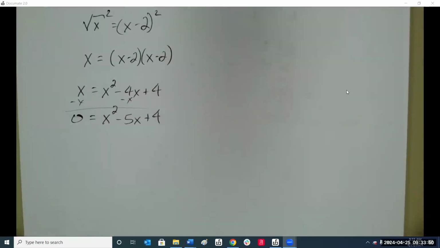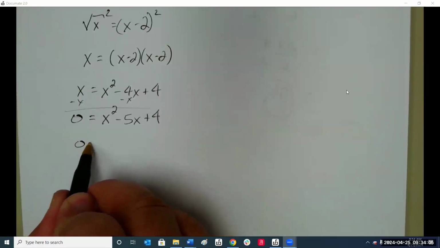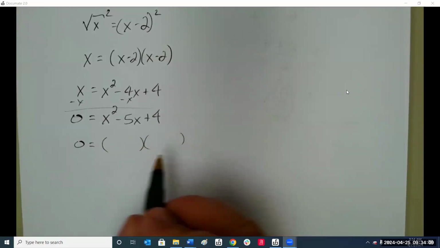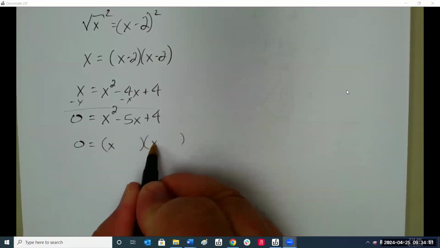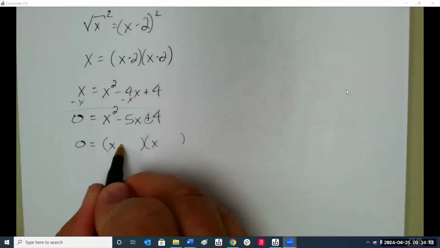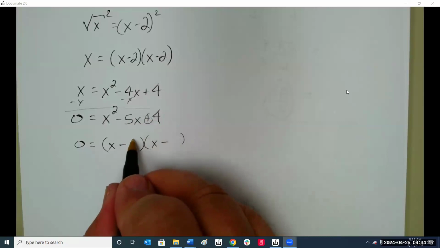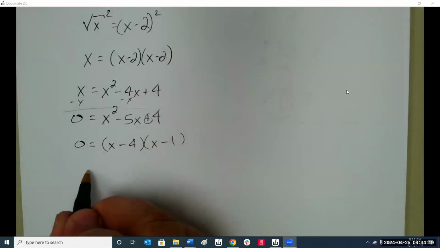Yeah, this is the algebra part that you have to know. So we factor. Both have the same signs, they're both minuses. What times what is 4? When you add them, you get 5. You get 4 and 1.